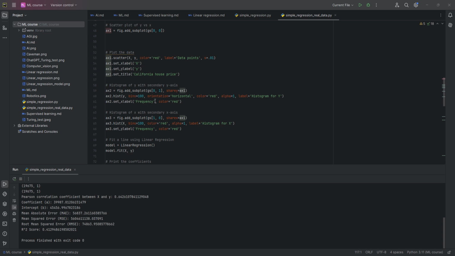So as I mentioned before, in these new plots from the real data, the distribution of x and y are not as uniform and normal as the previous example that was from the synthetic data.